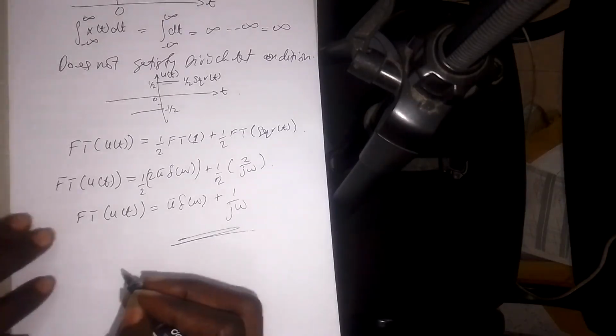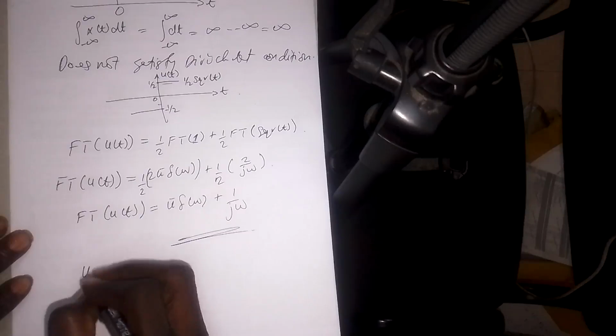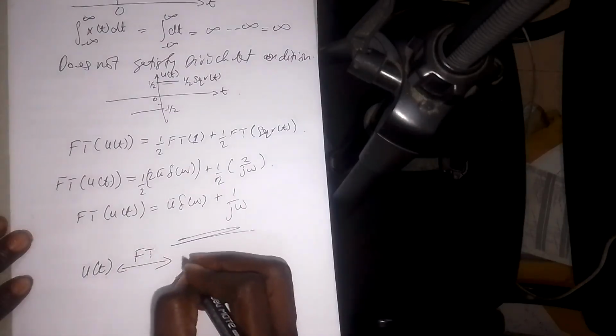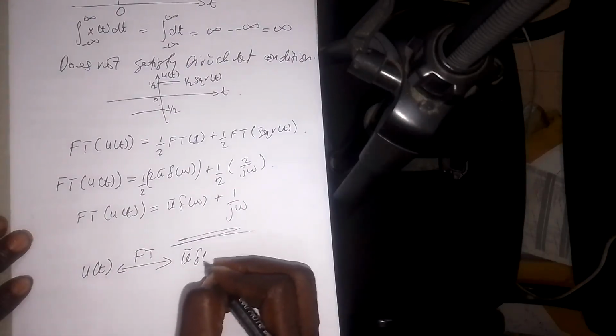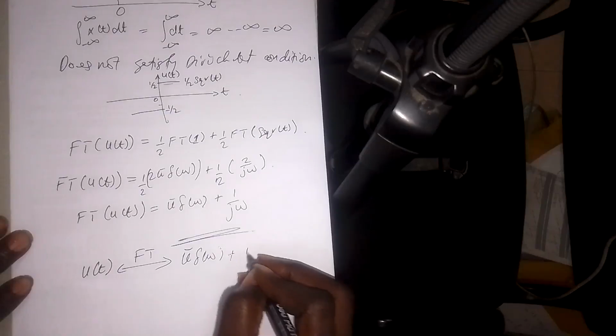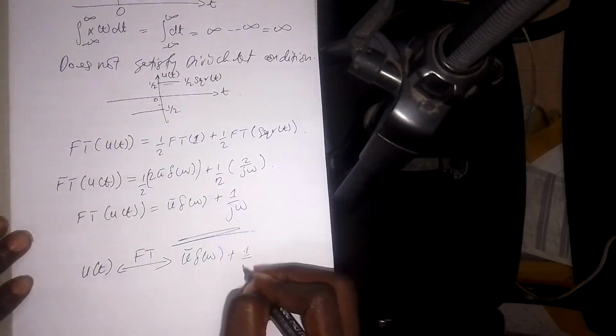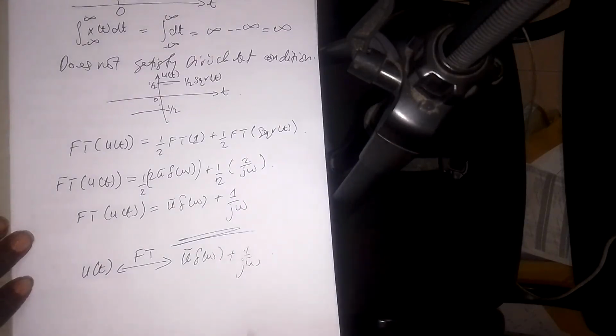So here now I can write that the unit step has a Fourier transform of pi delta of omega plus 1 over j omega. All right, so this completes this aspect.